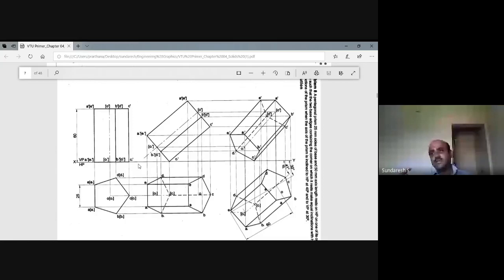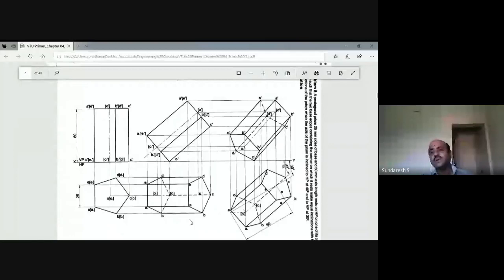The angle actually inclined is the beta angle. So we have to determine what angle the solid is actually inclined with respect to VP. This is what the beta angle corresponds to. I explained how beta angle should be considered in the projection of plane surfaces, and the same concept is applicable here. I hope you understood how to draw the second position top view.